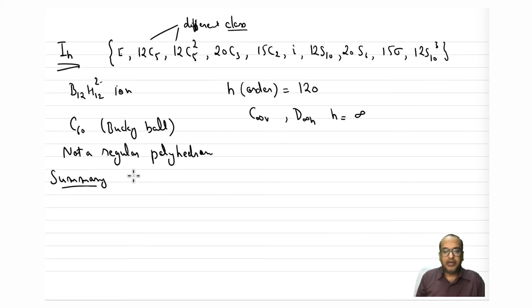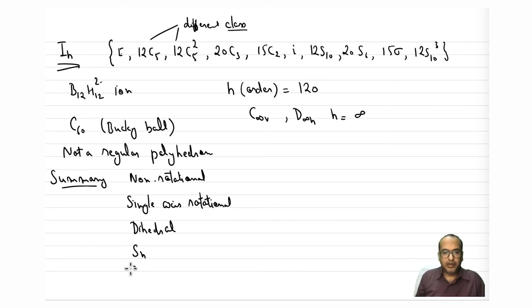We have seen that we had non-rotational, we had single axis rotational, where there is only one rotational axis. Then we had dihedral, then we had SN, and finally we had cubic, right?